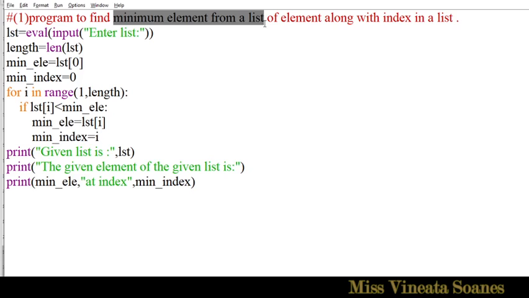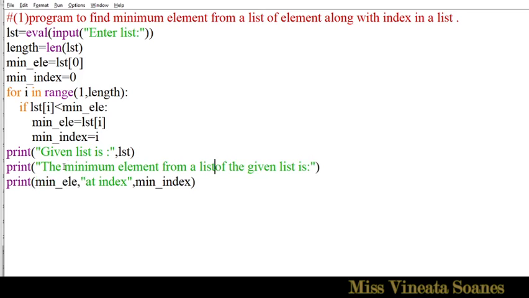You can actually write it in this way rather. The given element doesn't sound good. So you can print: the minimum element from the given list is 1 at index, and min index will hold 2. So that will be your answer.